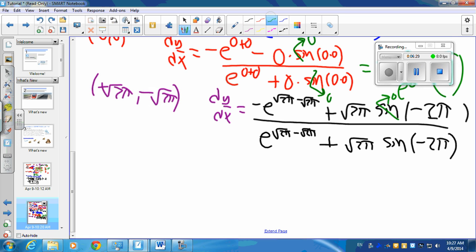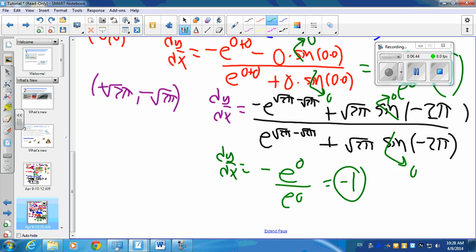So this one's going to go to 0. And what you're left with is dy dx equal to negative e to the 0 over e to the 0, because all these are 0, and you get negative 1. So what did I prove? I proved that the slopes are equal, and that is good. That's great. We proved the slopes were equal.